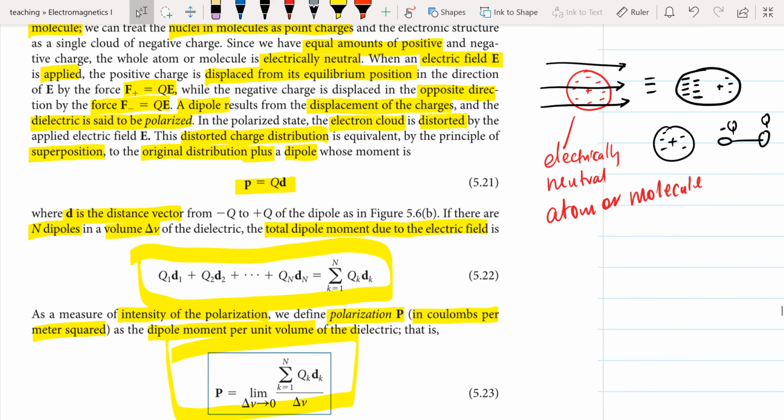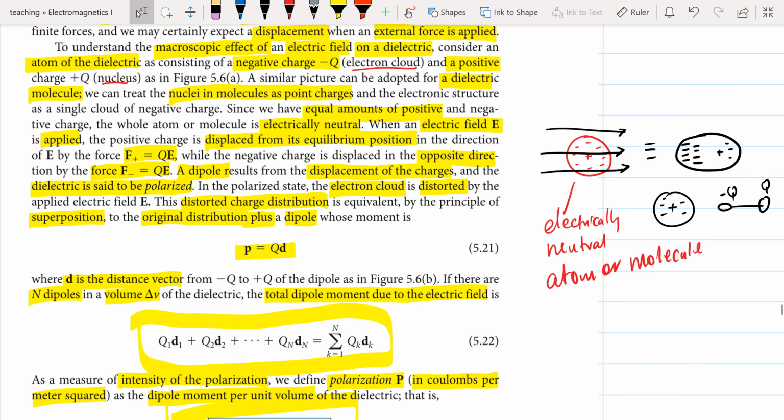As we have said, a dipole results from the displacement of the charges, and the dielectric is said to be polarized. So this alignment of charges, as I have explained, is considered to make the dielectric polarized.